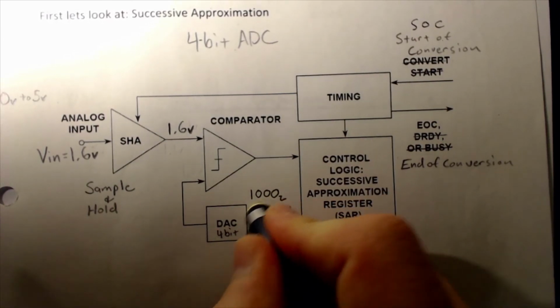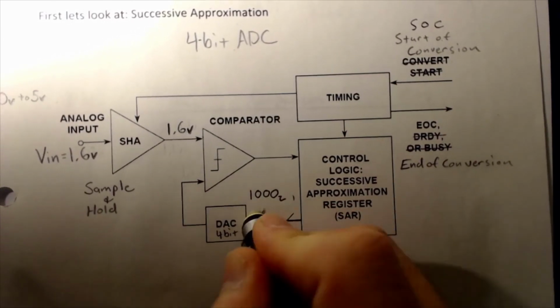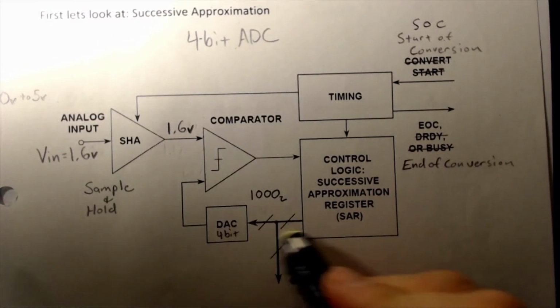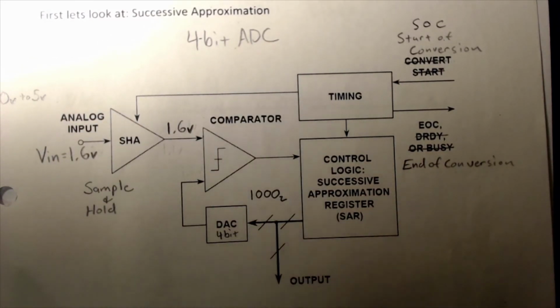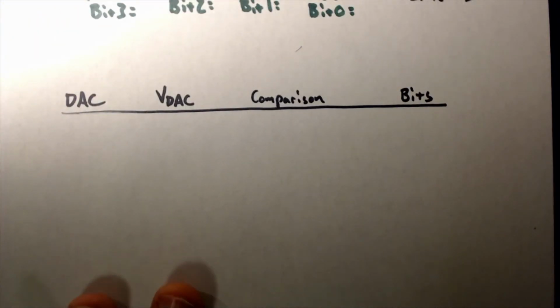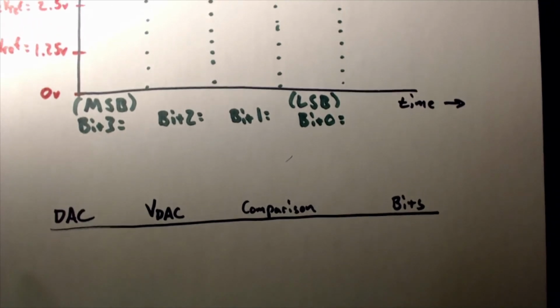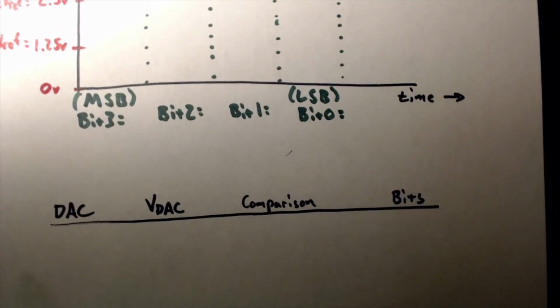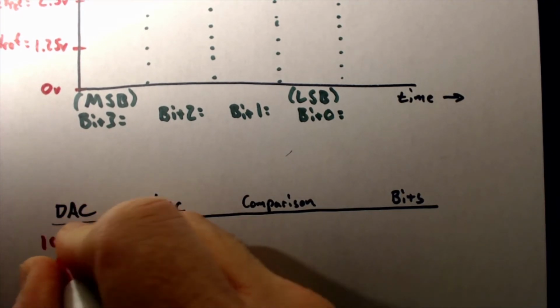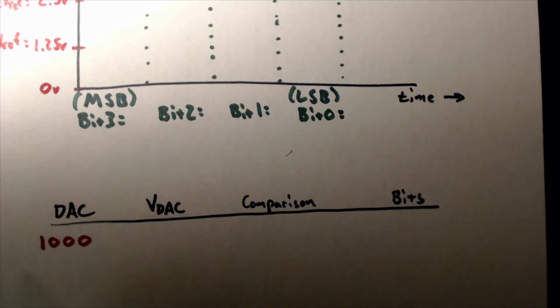Let me erase this 4 because we now know this is always 4 bits for those buses. Okay, so the DAC gets a value of 1, 0, 0, 0.